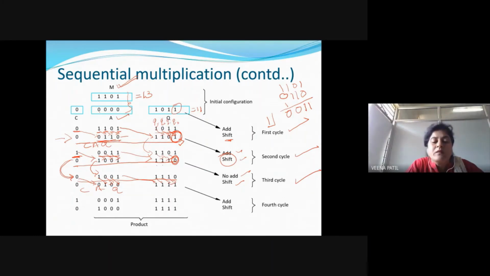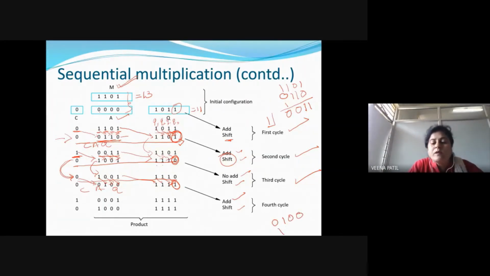Now again, the Q0 bit is being watched by the control sequencer. Now if this bit is 1, it has to perform add M and A, then shift. So at this stage, what is the value of A? A value is 0100.